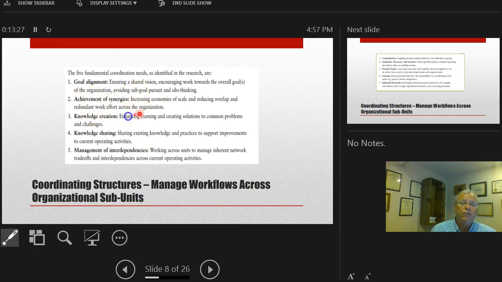There are synergies that come through those types of organizations, and there's best practice that comes through that because you're knowledge sharing here. So you're sharing best practice because there's frequent and routine interaction between the people in the working groups to solve a common problem and or a challenge. So this is the advantage of managing workflows across subunits.